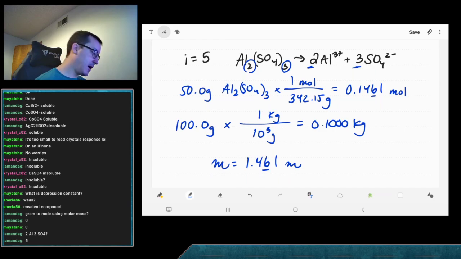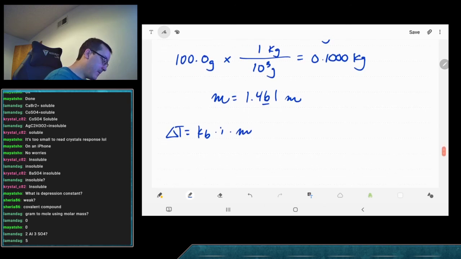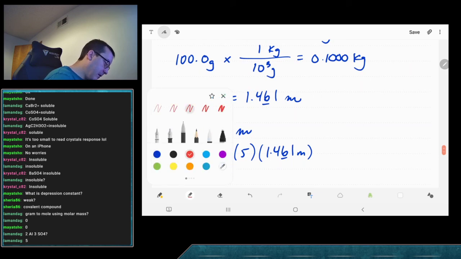So let's go ahead and do it. It's Kb times I times molality. Remember, I gave you the Kb for this. 0.512. We have the 5 there, which is our Van 't Hoff factor, and we have our 1.461. I should put our units in, but I'm being lazy. Molal will cancel.